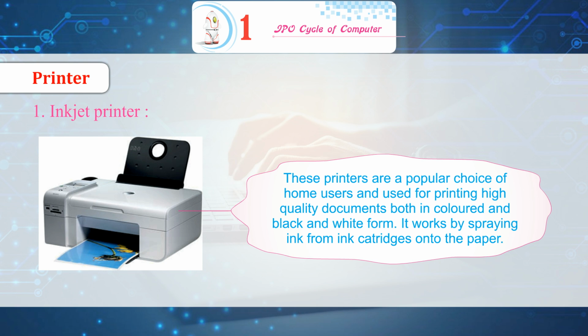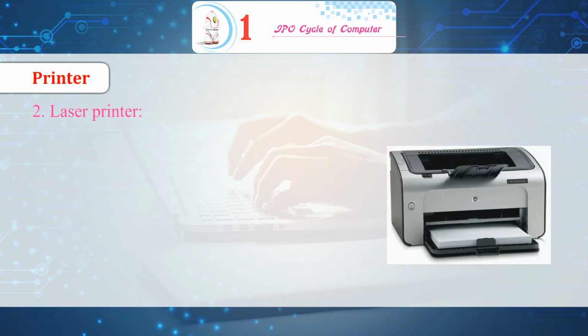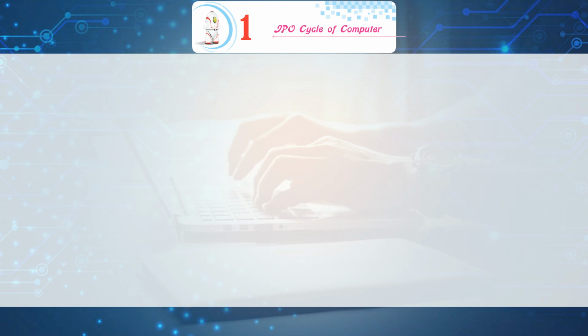It works by spraying ink from ink cartridges onto the paper. 2. Laser printer. This type of printer uses a beam of laser light to print images or text on paper. They work fast in comparison to inkjet printers, but they are very costly and are not ideal for home users.